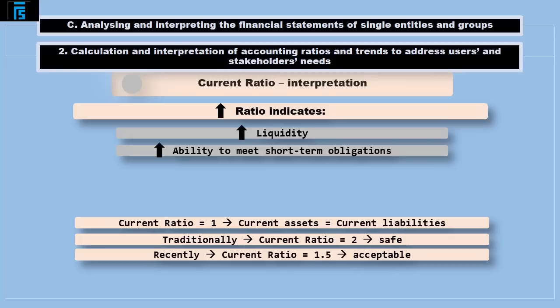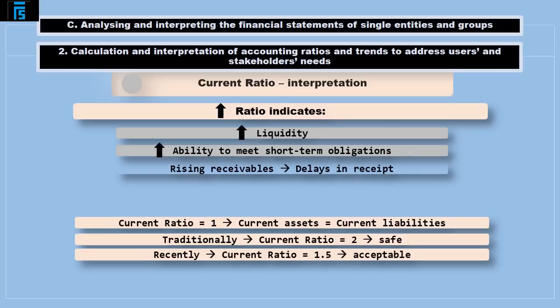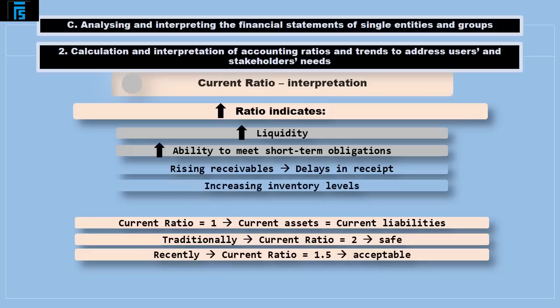The analyst should not fall into the trap of automatically interpreting an increase in the level of the computed current ratio as a sign of improving liquidity, as this may, for example, be the result of rising receivables due to delays in the receipt of amounts due from customers, or increasing inventory levels reflecting a company's inability to sell goods which it has already purchased or produced.